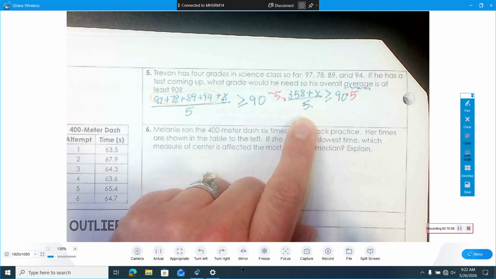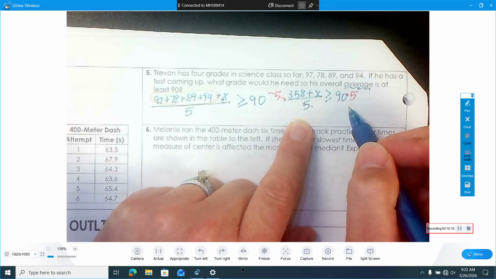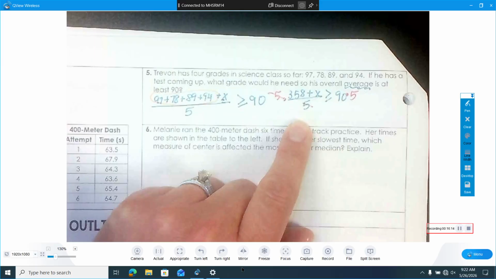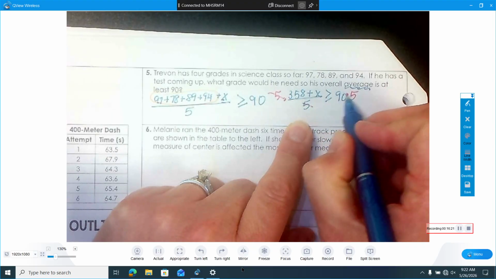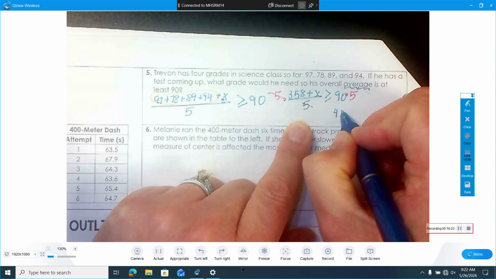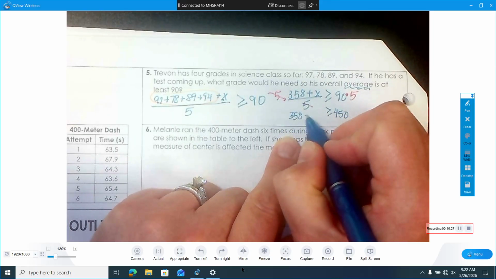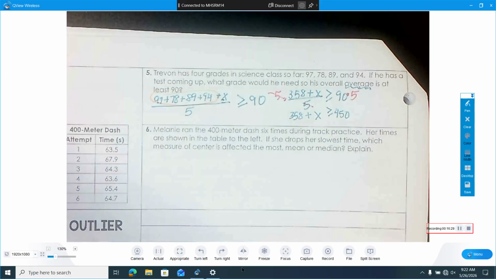What is 90 times 5? 450. 9 times 5 is 45. Put on your 0. All right, so 358 plus x. Well, 358 plus something has to be greater than or equal to 450. How do we get x by itself?